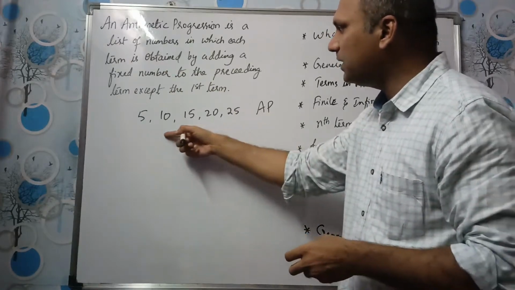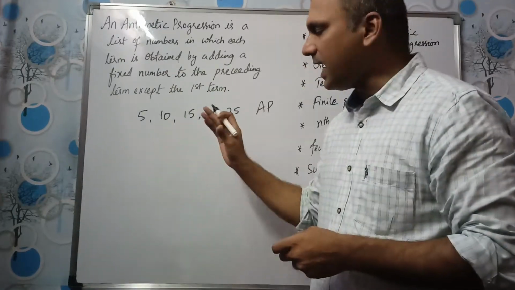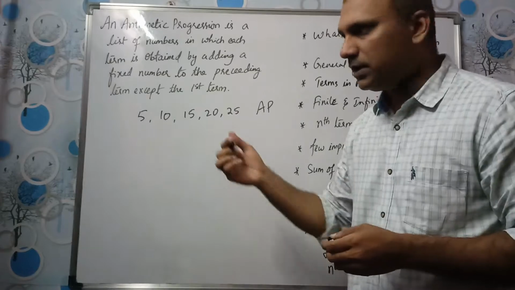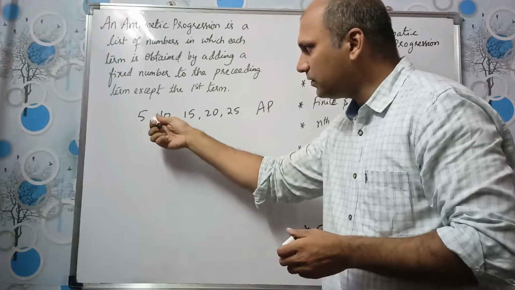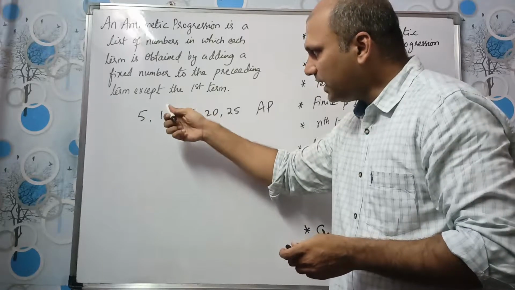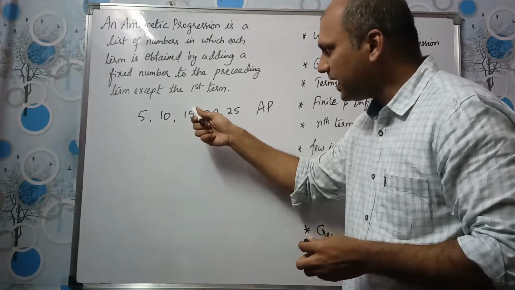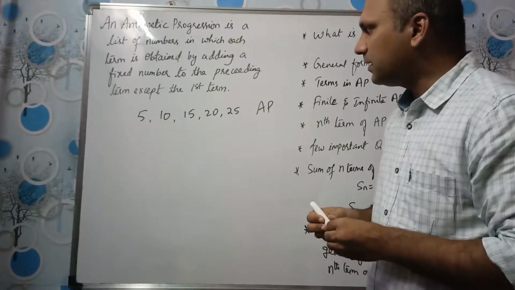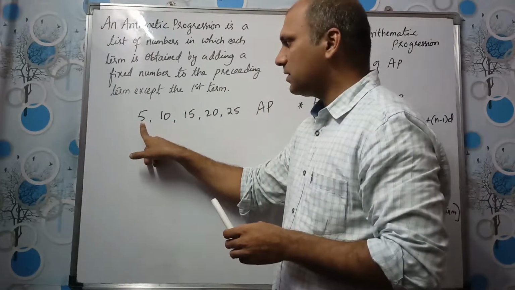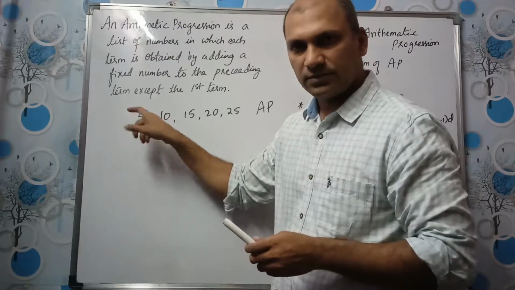What is the fixed number here? The fixed number is 5. We are adding 5 to the preceding number to get this number 10, and so on. Except the first number, of course, we are not adding anything there.